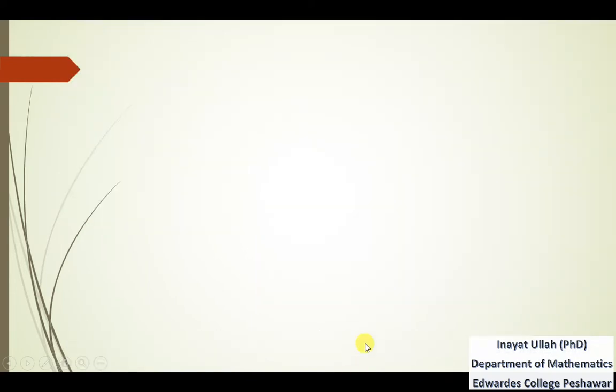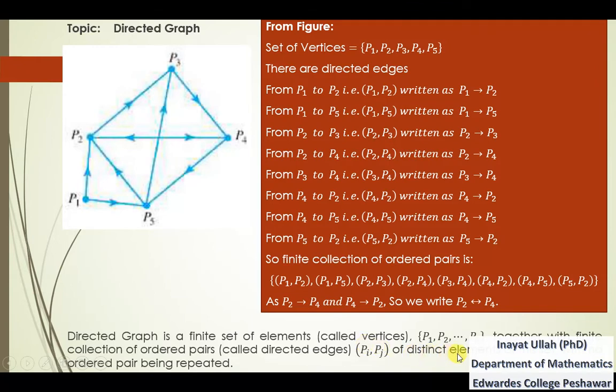The edges (pi, pj) are of distinct elements of this set. We see here that each element of this set is in ordered pair notation. That is the first ordered pair, that is the second, third and fourth. No ordered pair is repeated here. If we see here that there is (p2, p4) and that is (p4, p2), so there is a difference between (p2, p4) and (p4, p2). This is the edge from p2 to p4, and that is the edge from p4 to p2.